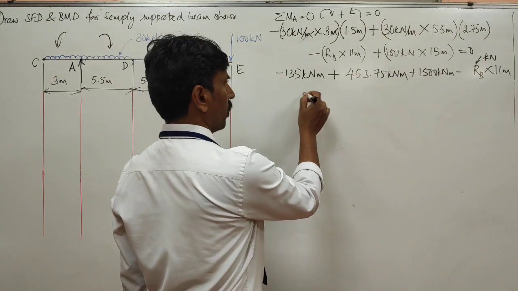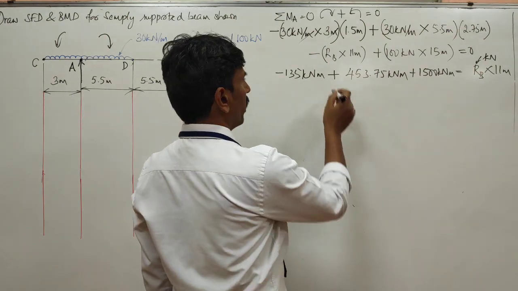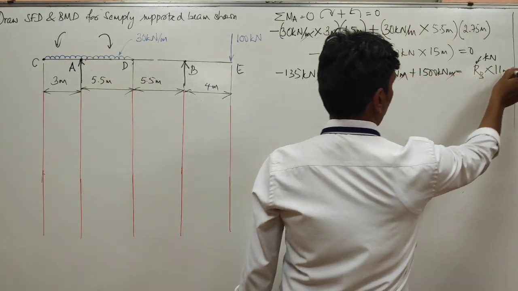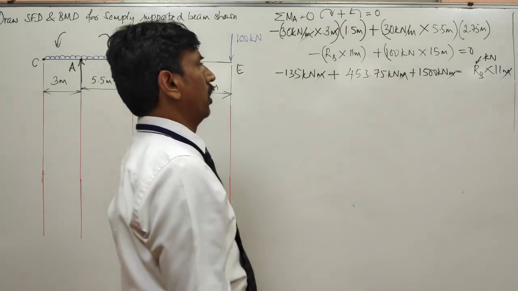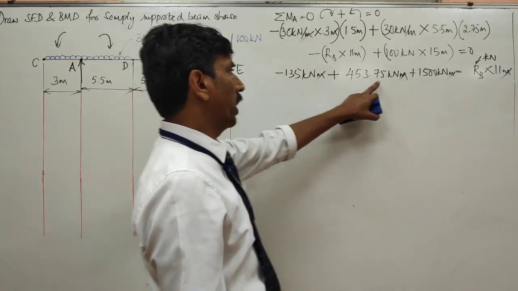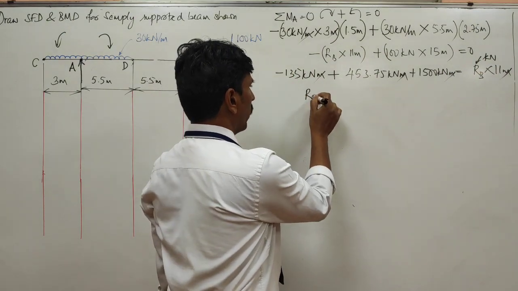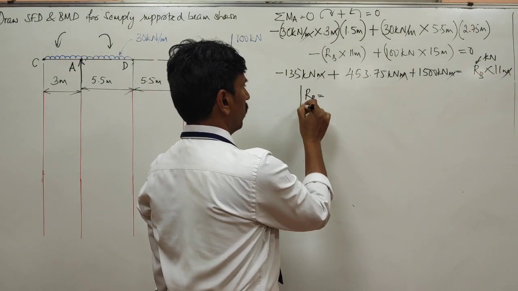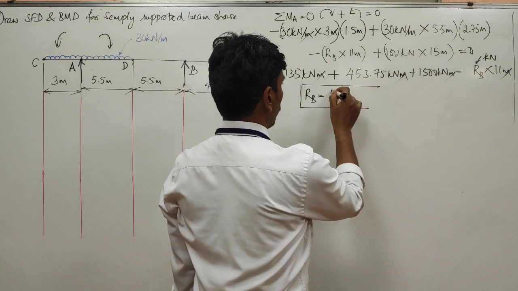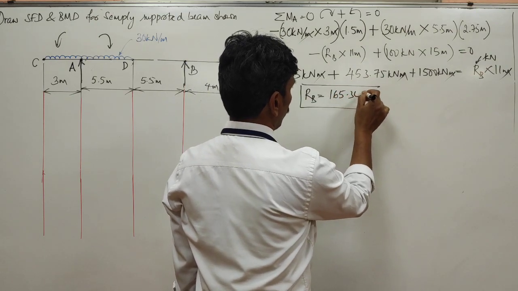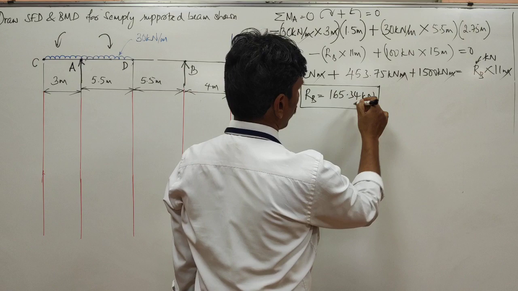The meter of all this cancels out, and therefore on the left hand side all these are kilonewton, so the RB value has to be kilonewton. What is the value of RB that you got? 165.34 kilonewton is the value that you have got.